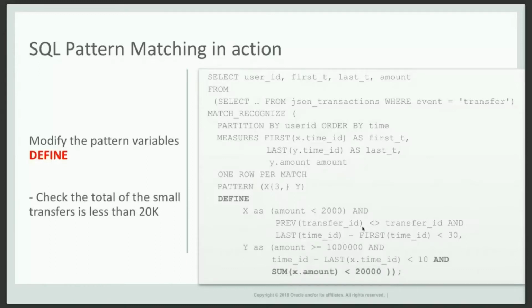The final statement is that if we look at all of these small transactions, the sum of all the small transactions, i.e. the sum of the amount, so I've got a complete match, I've found a series of at least 3 small transactions, but there may be more than 3, where we're moving less than £2,000 to different accounts within a 30-day period, and the large account transfer is more than £1 million within 10 days of the last small transfer.